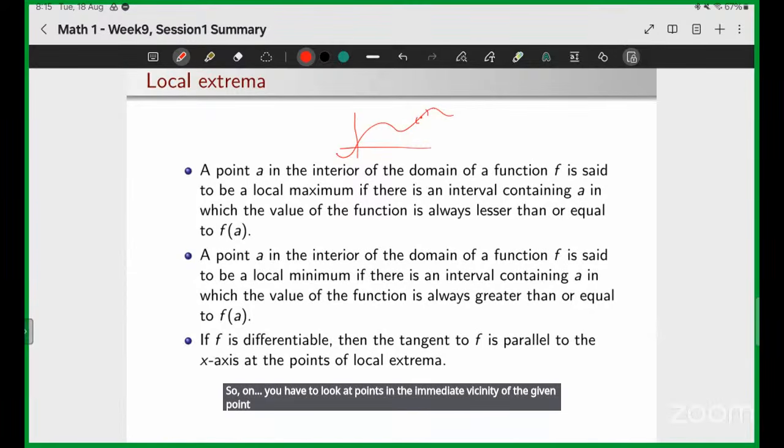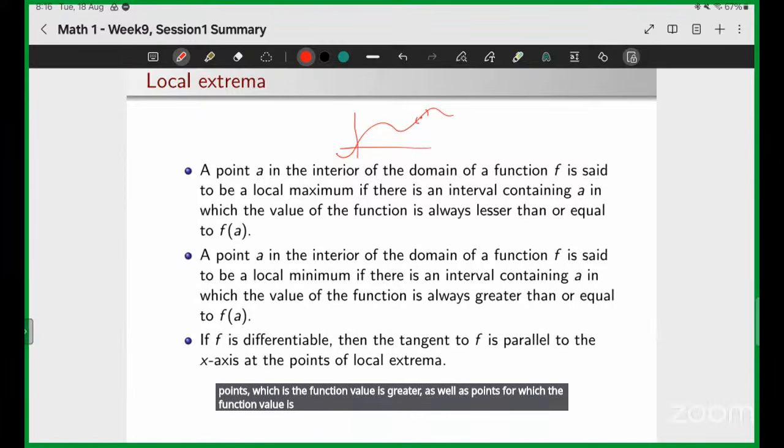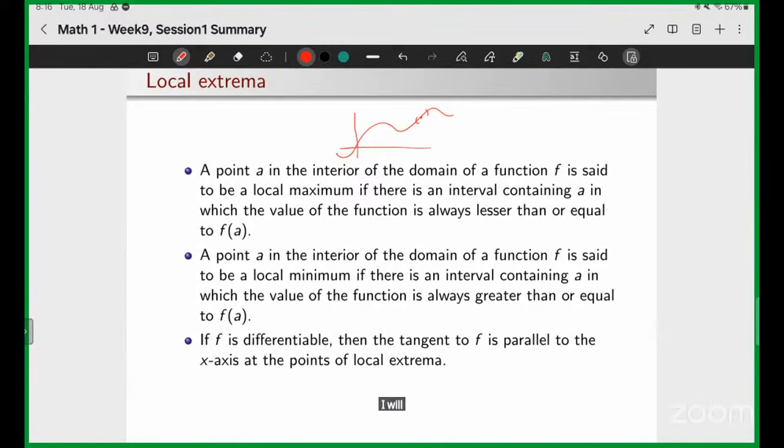You have points for which the function value is greater, as well as points for which the function value is lower. More specifically, if I move to the left, I will have the function to have lesser value. And if I move to the right, the function will have a higher value than whatever it is at this particular a.